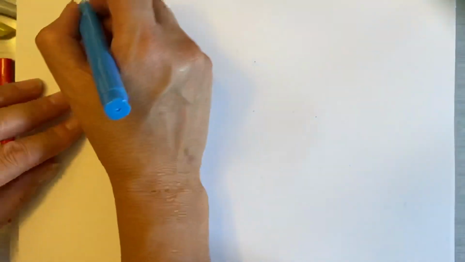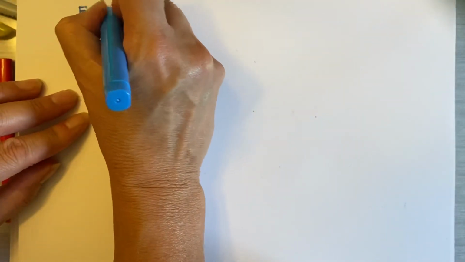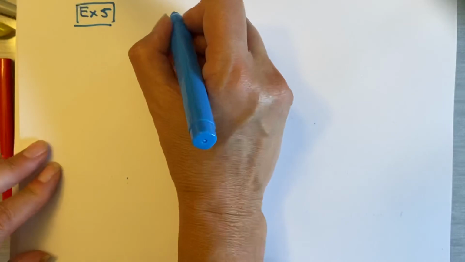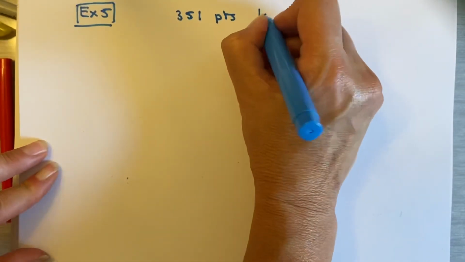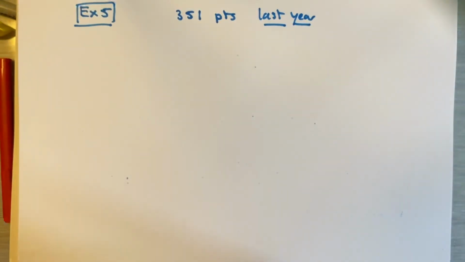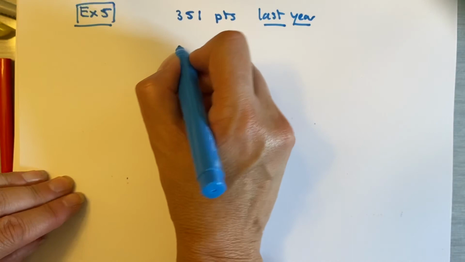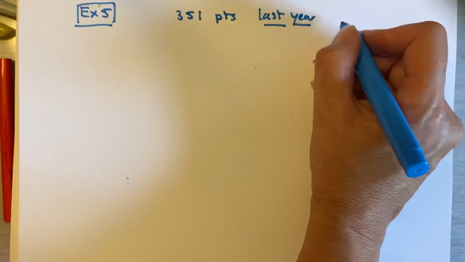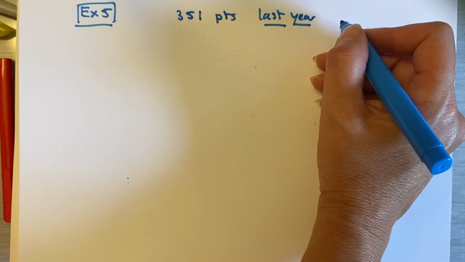Example 5. Again, we have to think through what they're saying. This time we're talking about basketball. A basketball player scored 351 points last year. If the player plays 18 games this year, it doesn't tell you, by the way, how many games he played last year.